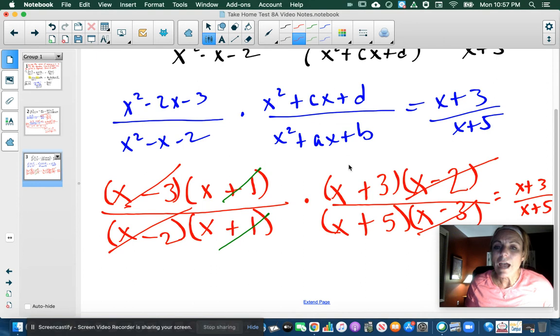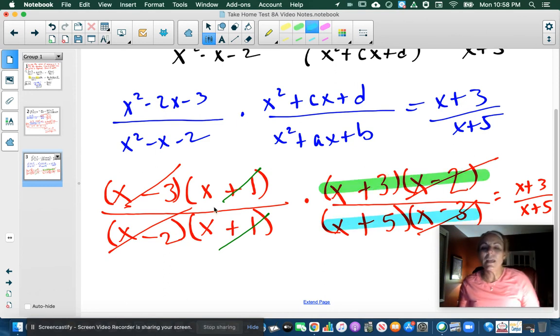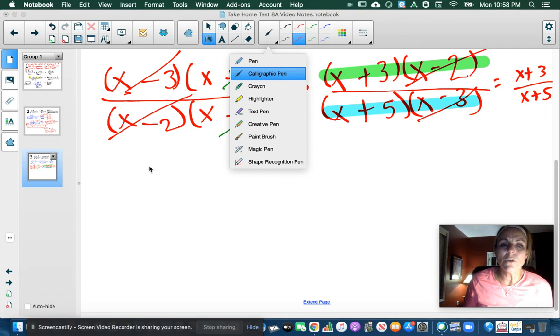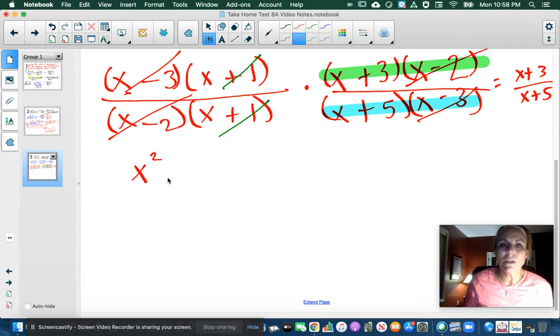Well, I have to grab this and that and FOIL them. So that's what I'm going to do now. So when I look at the green, if I FOIL that, I get x squared. Outside is -2x, inside is 3x, minus 6.